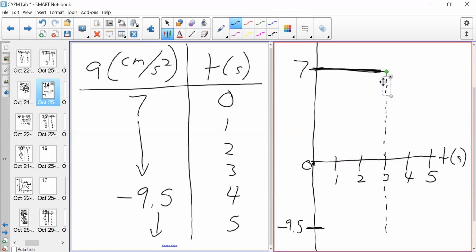Anyway, there's nothing here. It is undefined. That's what I'm looking for. So this is the undefined point at 3 seconds.